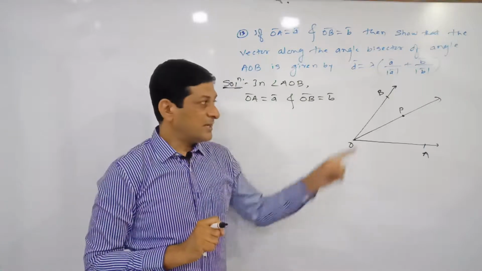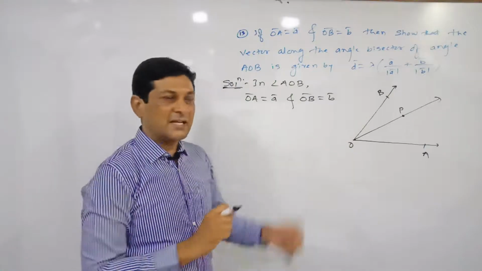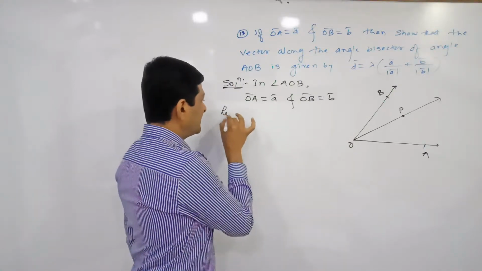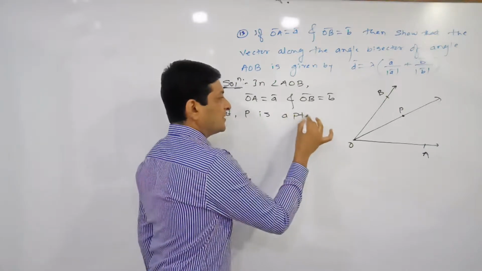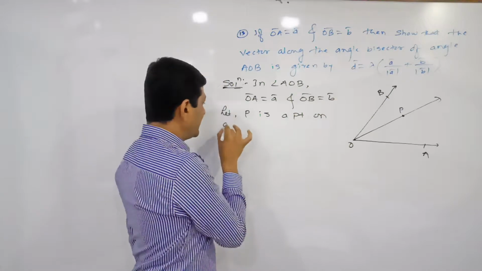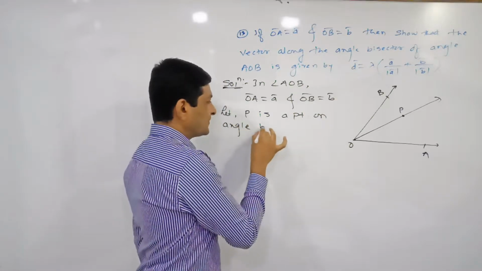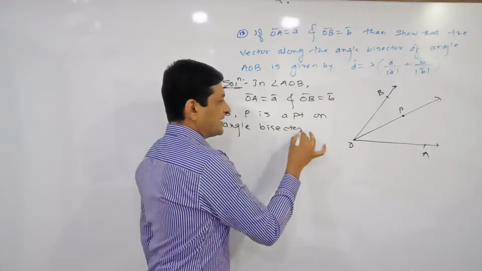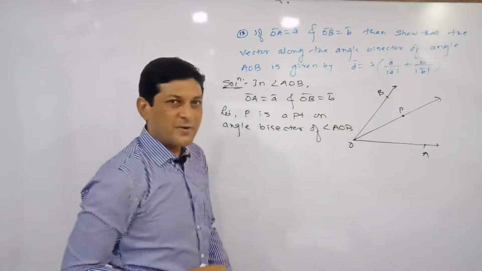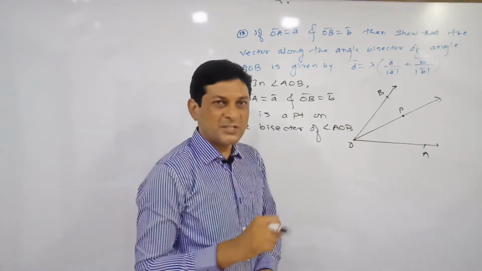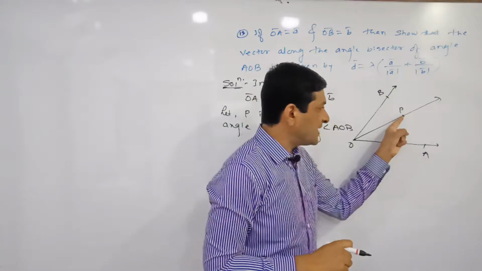Now we have taken one point P on this angle bisector. So let P be a point on the angle bisector of angle AOB.